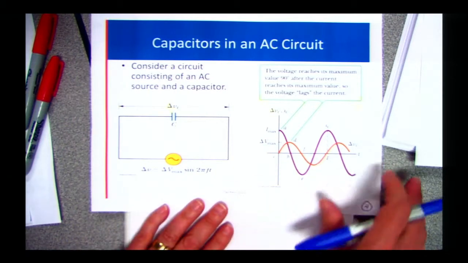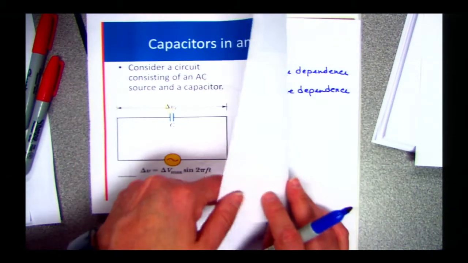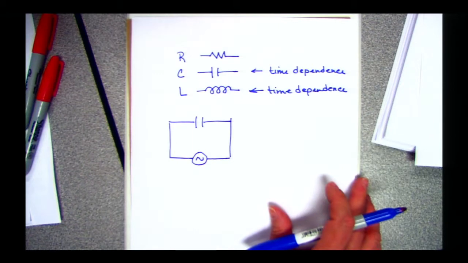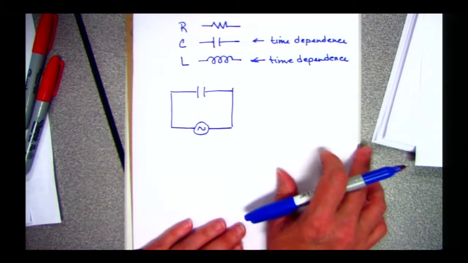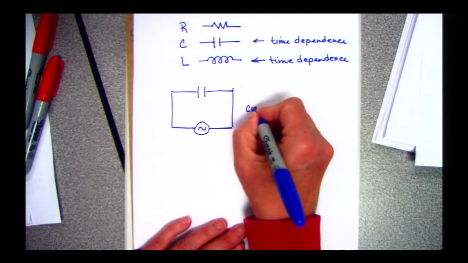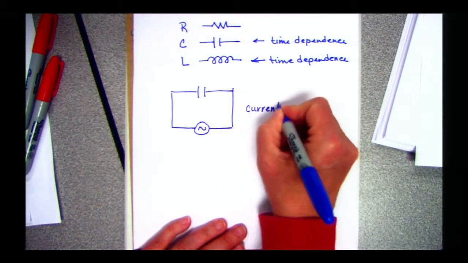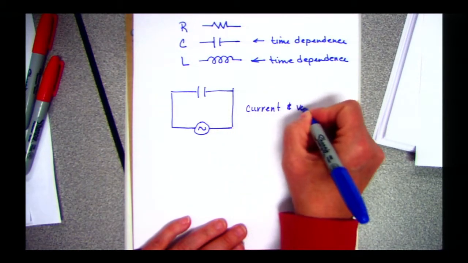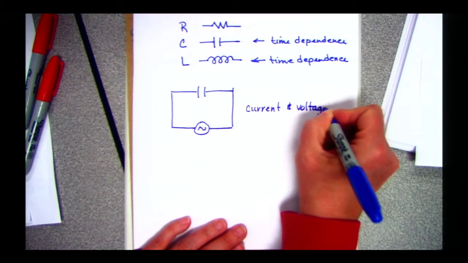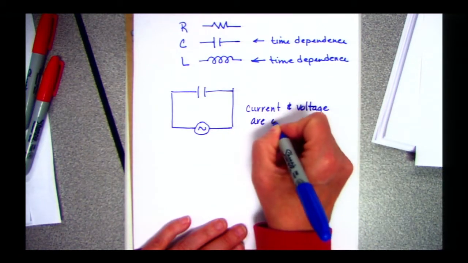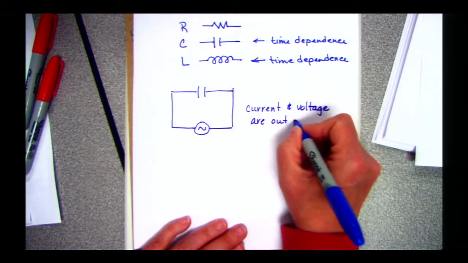So it's said to lag. So if we think about that lag, what we're seeing is that the current and the voltage are out of phase with each other.